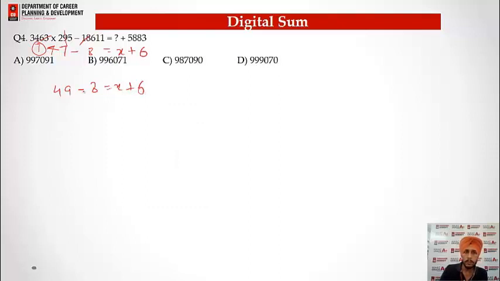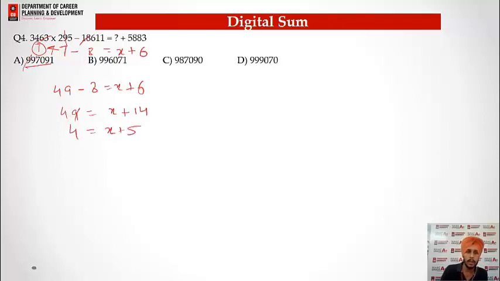So we cannot use a negative sign in digital sum. So what we will do is, 8 will become positive on that side. So 8 plus 6 is 14, and so 9 can be ignored. So the digital sum 4 is equal to x plus 5. So let's check the options.